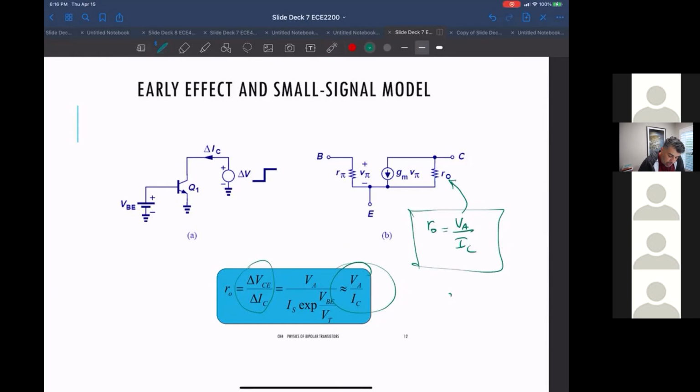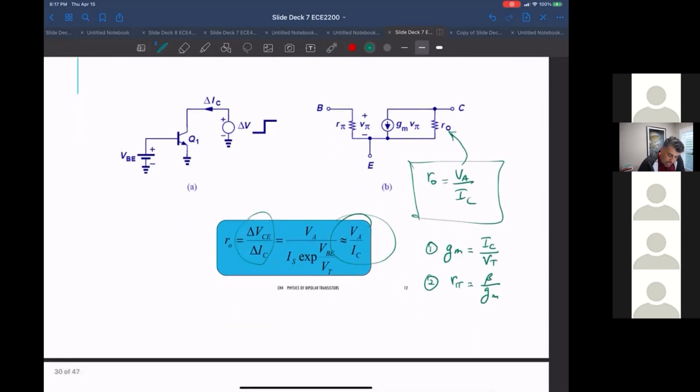Then we'd have to figure out G sub M, which is I sub C over V sub T. R sub pi is beta over G sub M. And now if VA is not infinite, you need an R sub out equal to VA over I sub C. These become small signal parameters.